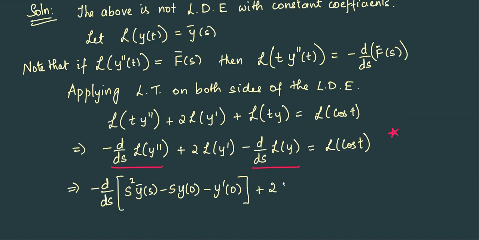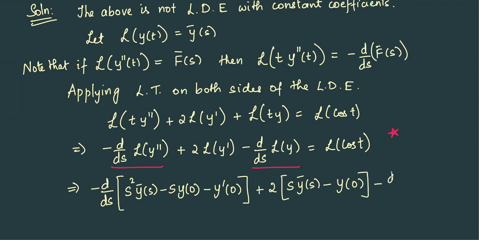Plus this is 2 times s into y bar of s, this term, Laplace transform of y dash, minus y of 0.